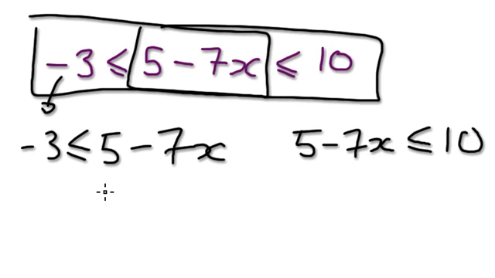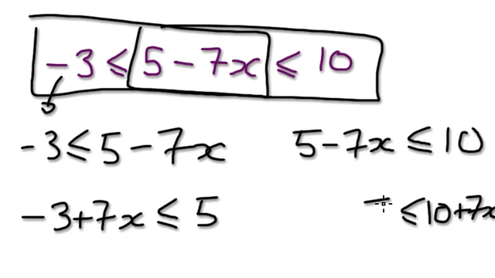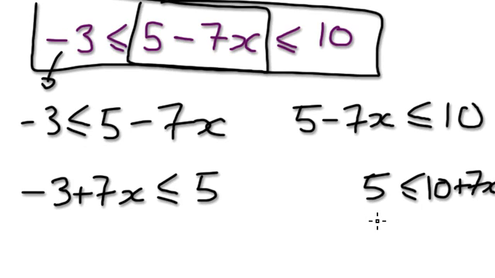Okay, so now on the left hand side, add 7x to both sides. So it will be this less than or equal to 5 here. On the right hand side, add 7x to both sides, so this will be 10 plus 7x. And then on the left hand side, add 3 to both sides. So this will be 8. This will be 7x.